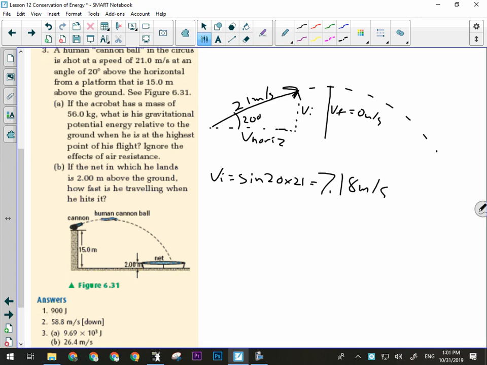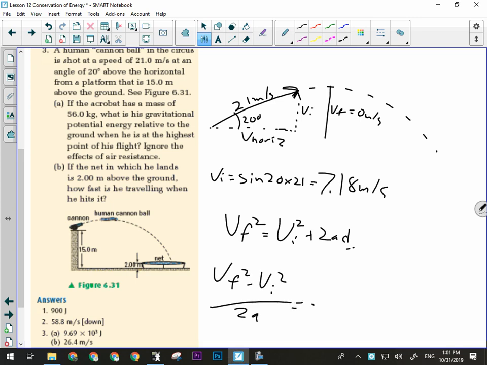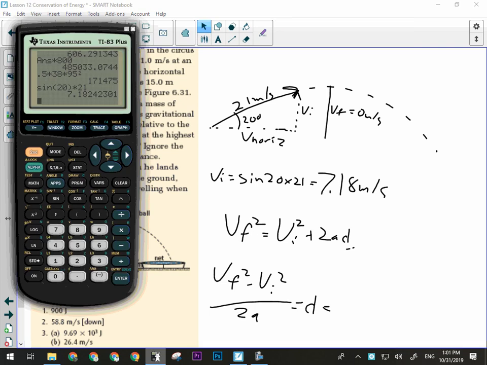Now I can use this formula to find D, with acceleration 9.81. I'm going to go VF squared minus VI squared over 2A equals D, and then I'll know how high he gets above his starting point.